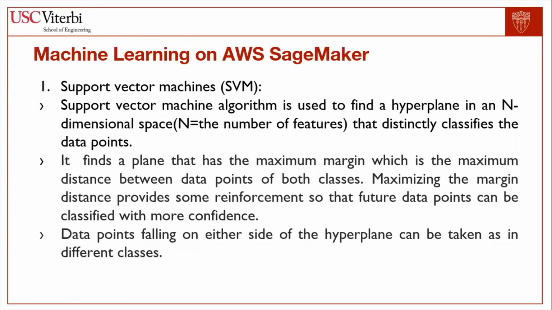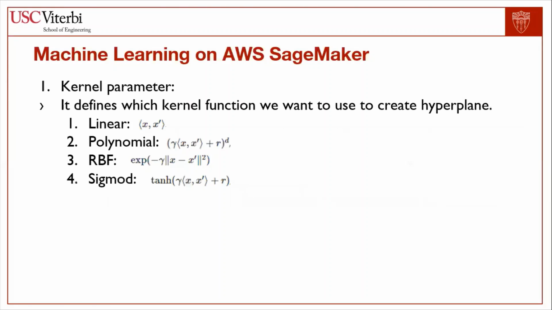Maximizing the margin distance provides some reinforcement so that future data points can be classified with more confidence. Data points falling on either side of the hyperplane can be taken as different classes.